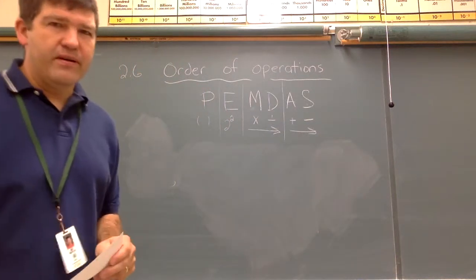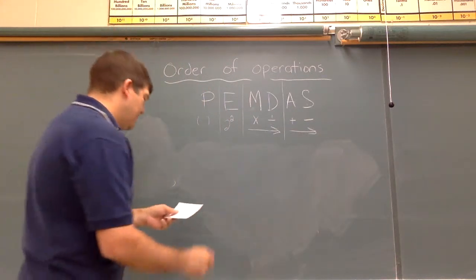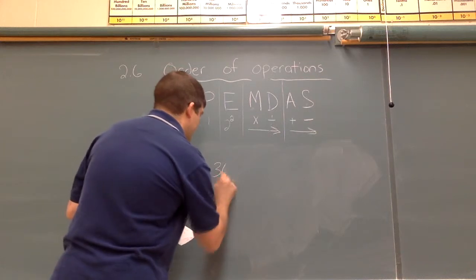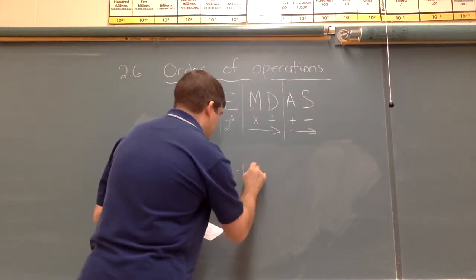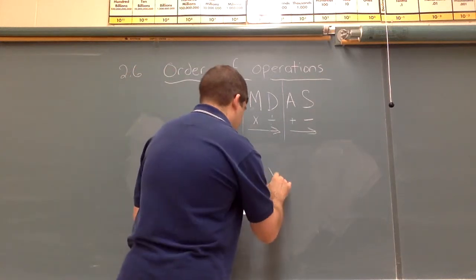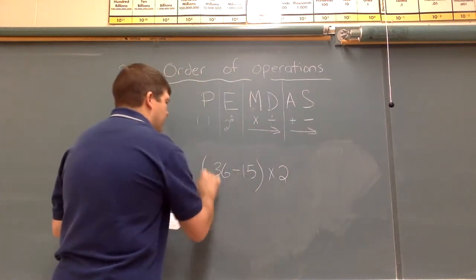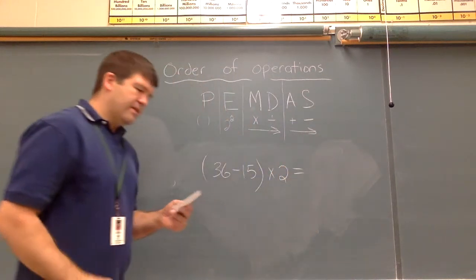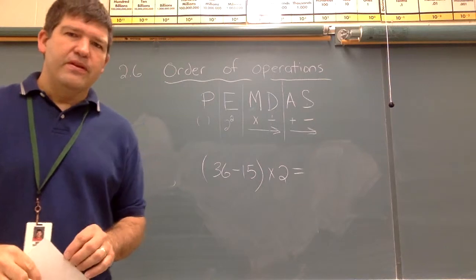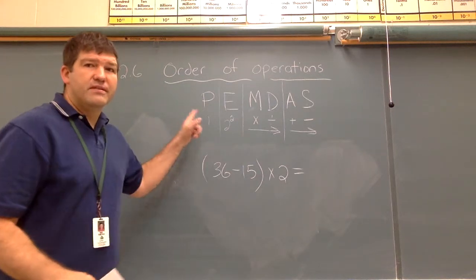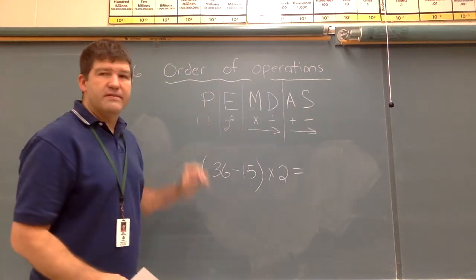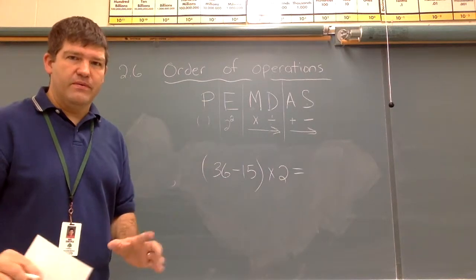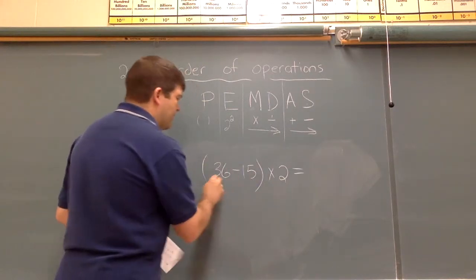I have 3 more. Now I'm going to add a different component into it. Let's do 36 minus 15 times 2. I'm going to put parentheses right there. Okay, so now we look at this problem and we remember, please excuse my dear Aunt Sally. We go with the please. Parentheses first, always. So I stop right away and I'm going to do this.